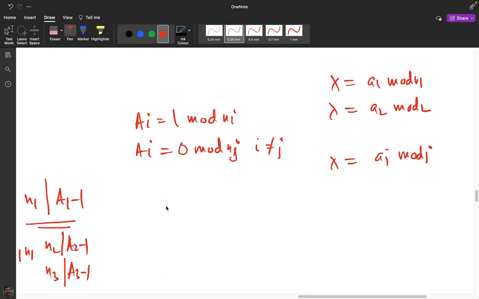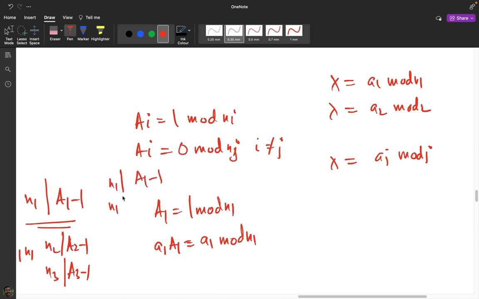So suppose a1 is congruent to 1 mod n1, but I need a solution where x is congruent to a1 mod n1. If I multiply both sides by a1, a1 will be congruent to a1 squared mod n1. Is it clear? Because you know that n1 divides a1 minus 1, therefore n1 will divide a1 into a1 minus 1.